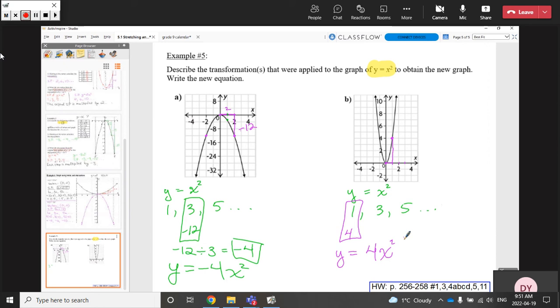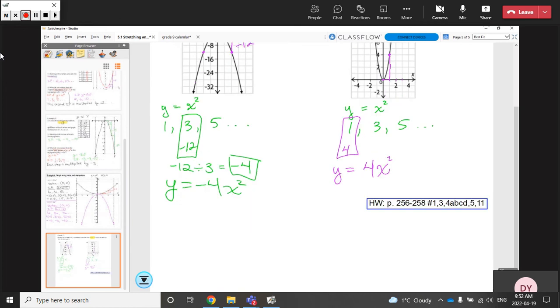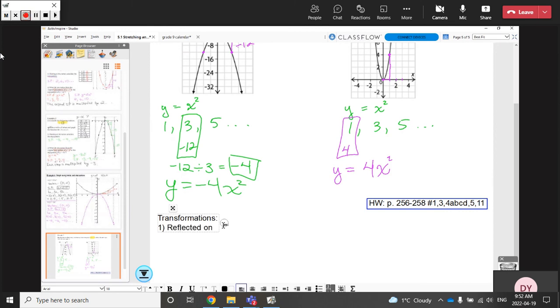Now I don't have my page extension. Okay, it's here. It wanted us to write in the transformations. For the first one, the first transformation is that it reflected in the x-axis.